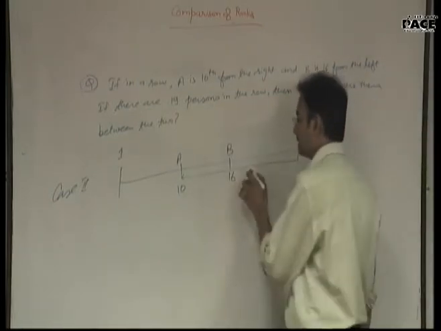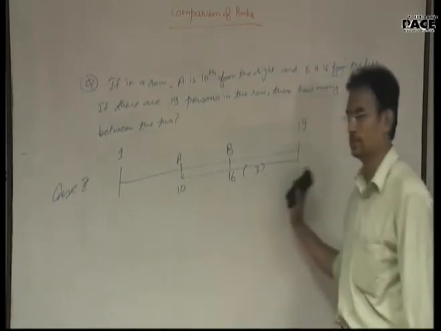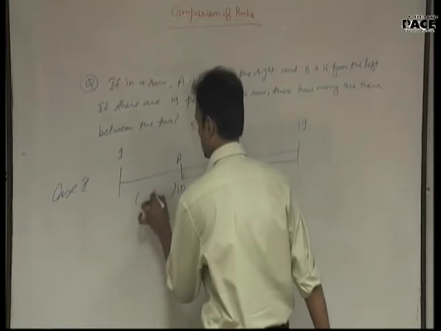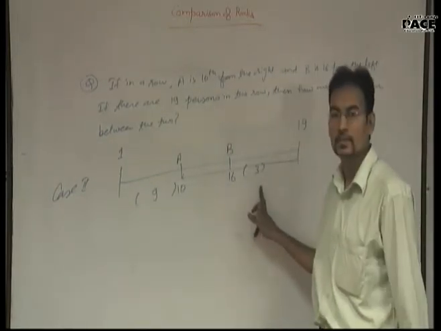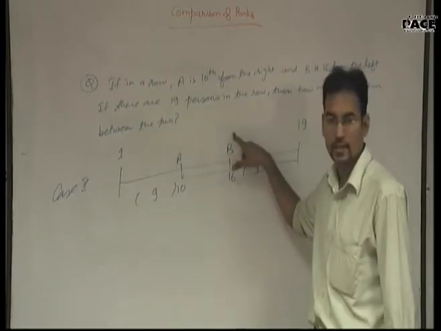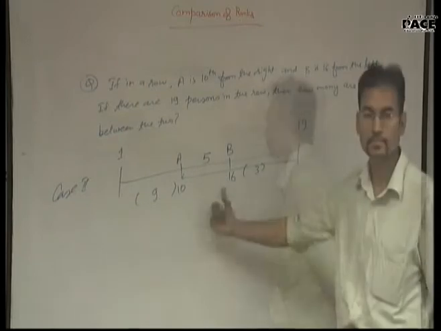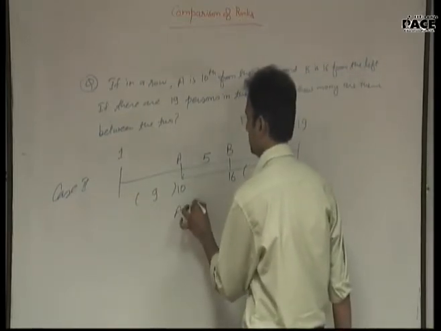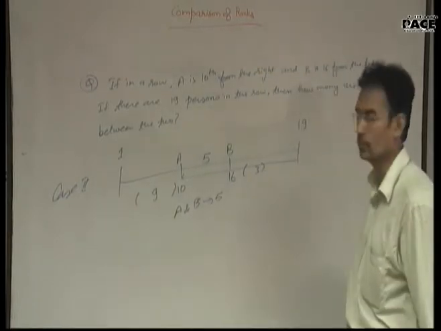So after B there are 3 persons and after A there are 9. 9 and 3, 12. These two people are 14 and there are 5 between the two. So between A and B there are 5 persons.